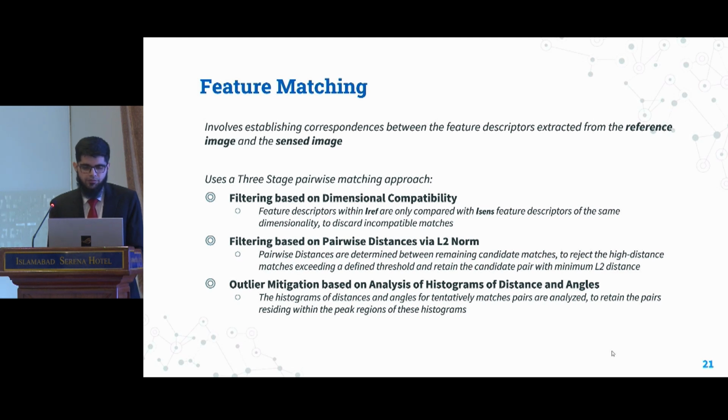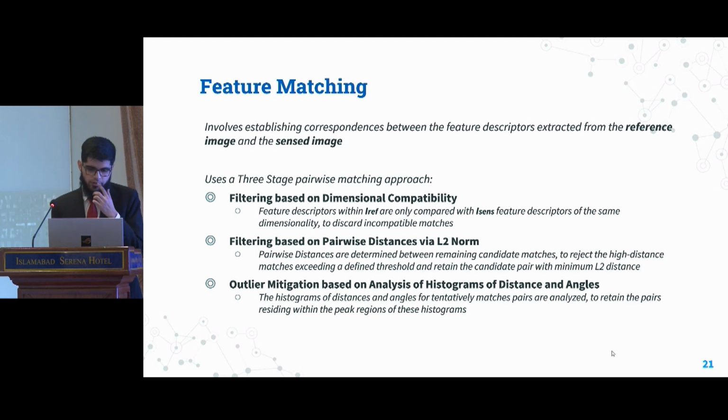First one is filtering based on dimensional compatibility, which used feature descriptors from both the reference image and the sensed image, and it discarded incompatible matches. Second one was filtering based on pairwise distances via L2 norm.